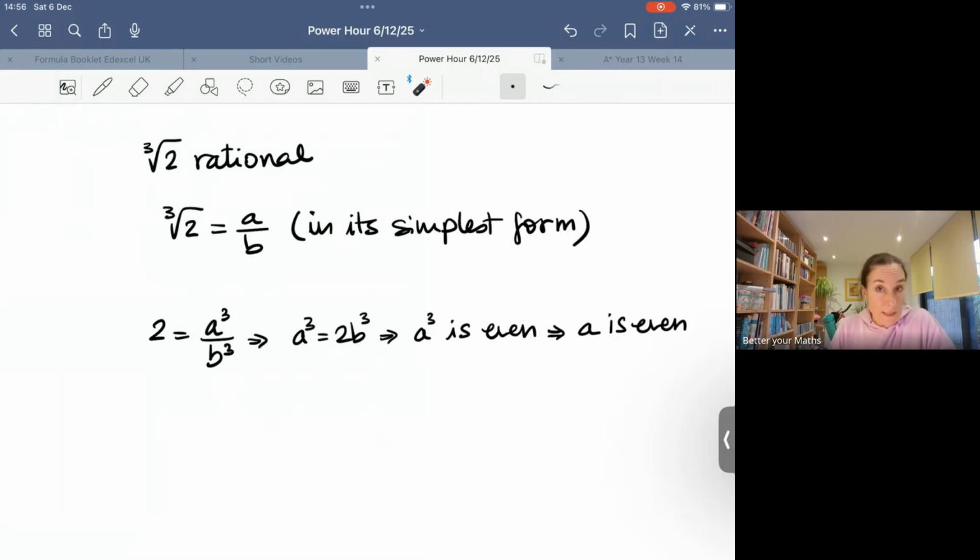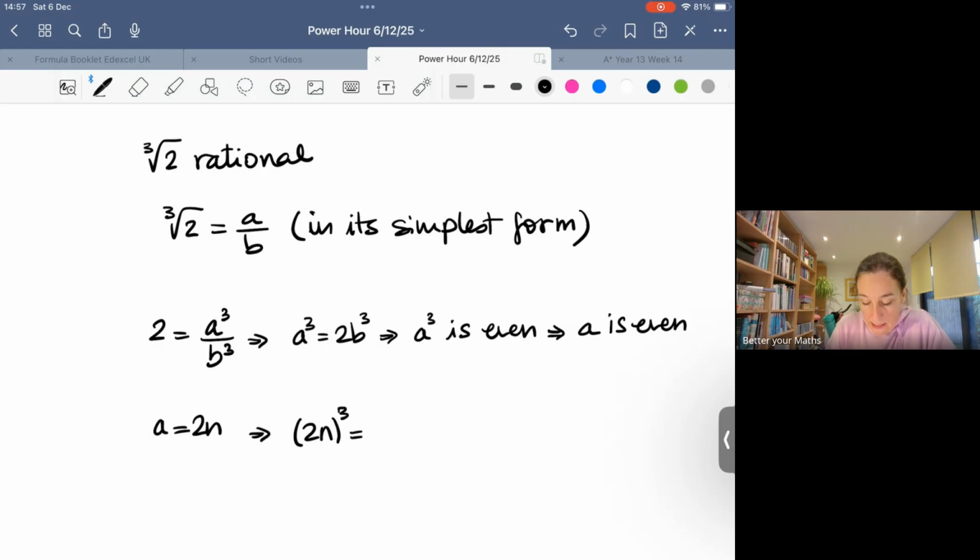Now, if a is even, because a is even, I can write a as 2n, for example. Yeah. If I go back here, a cubed is going to be 2n cubed. And I know this is 2b cubed. I'm just going back here with my a even number.